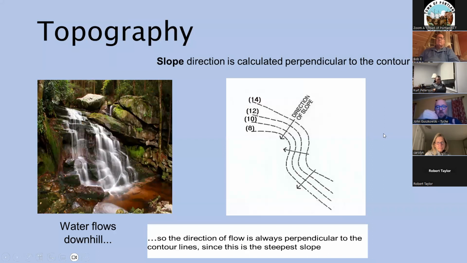And the direction of the slope is always perpendicular to the contour lines. So we have these contours in an S form, and the direction of the slope cuts across in a perpendicular way to that. So again, we have a slope here at the 14-foot contour, 12-foot, 10-foot, 8-foot contour. These are 2-foot lines in direction of the slope.